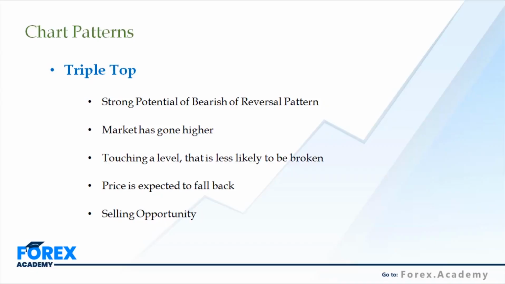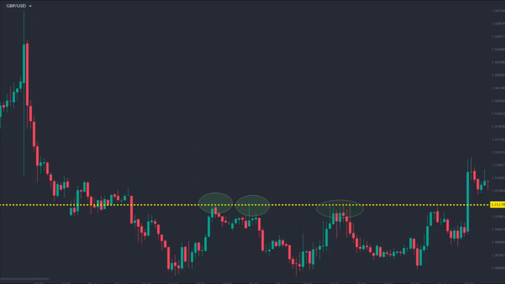Same is the case with the triple top and the triple bottom. The only difference is the number of times it is testing the previous high or previous low. For example, you can see here the market went higher, fell down, went higher, giving us a double top.